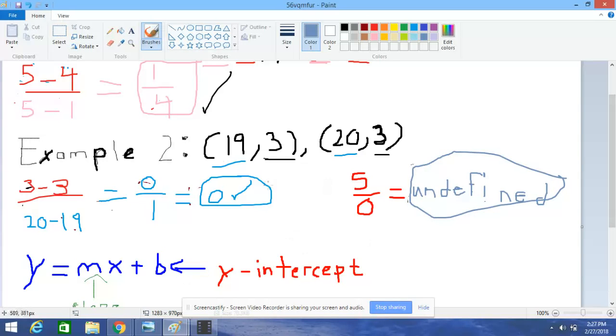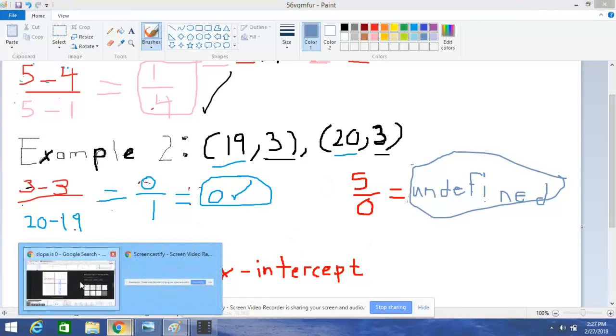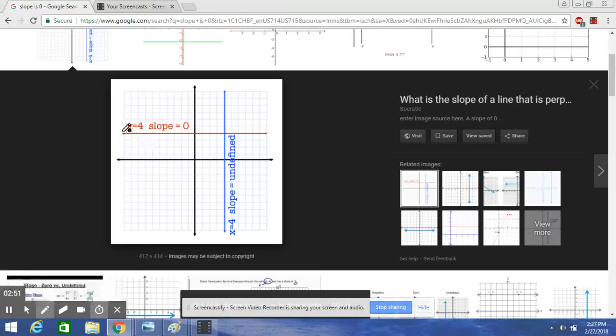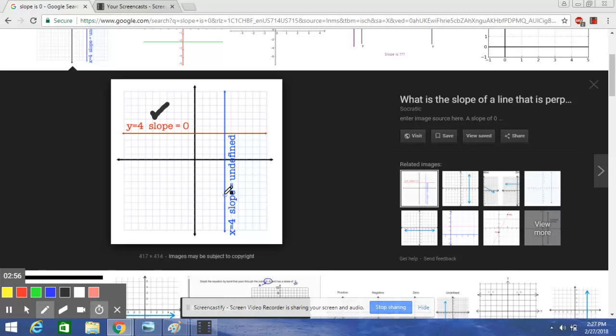Okay, so let's see how a slope of 0 reflects on the graph. As you guys can see over here, a slope of 0 is a horizontal line, and a slope that is undefined is vertical.